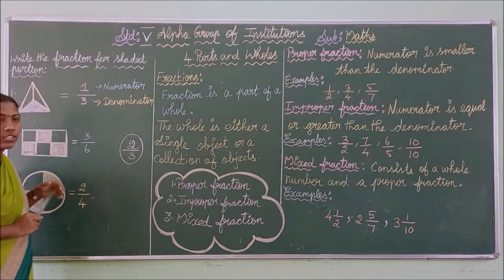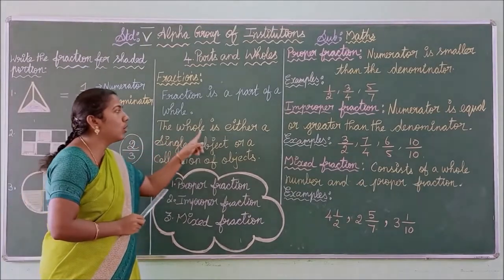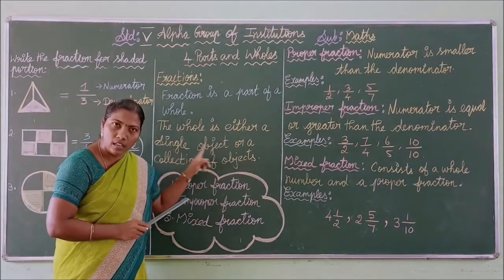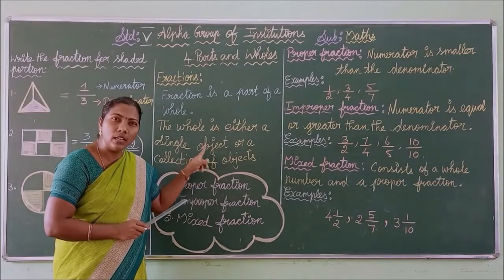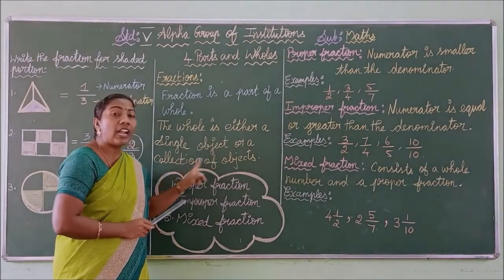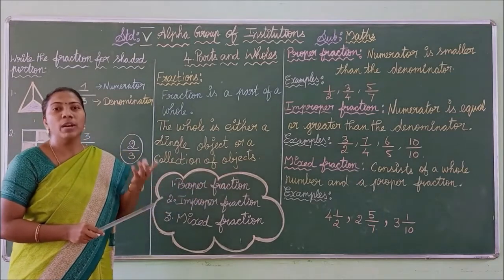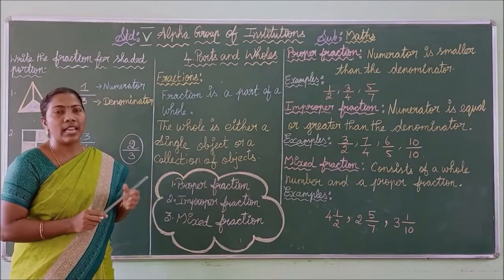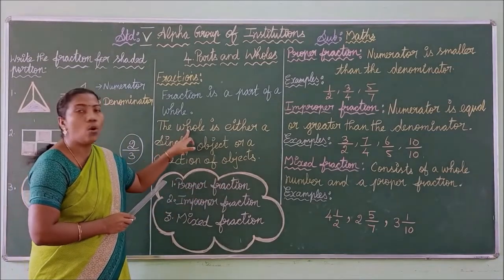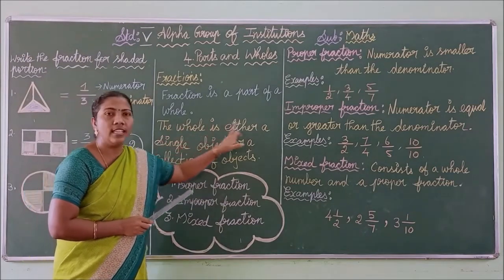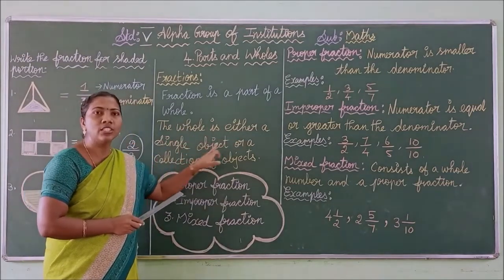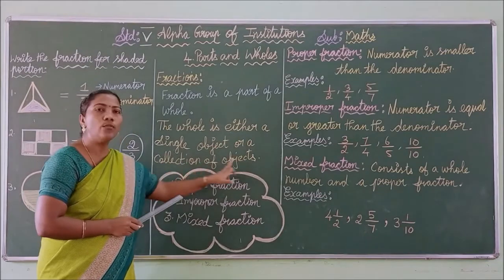The whole may be a single object or a collection of objects. A collection of objects means we can take a bunch of grapes, a bunch of fruits, a lot of vegetables. Like that, we can also define the whole.